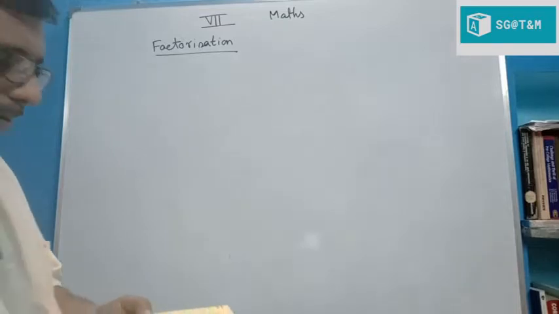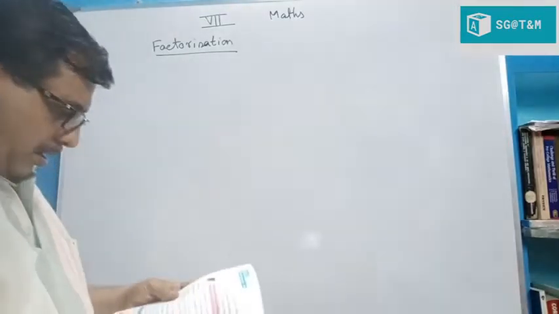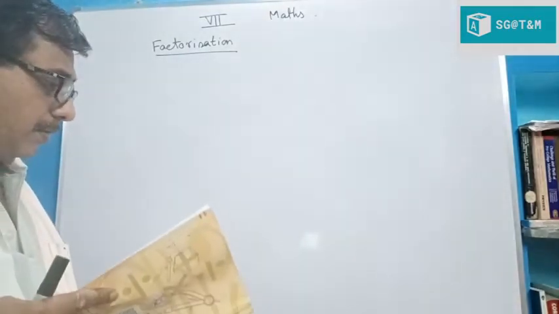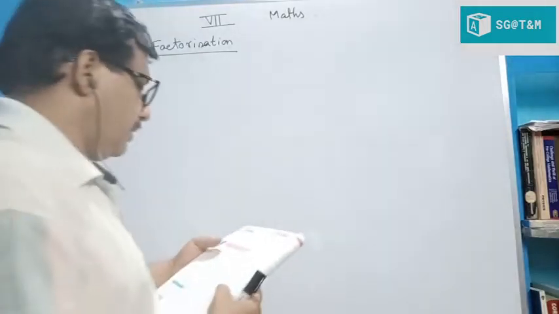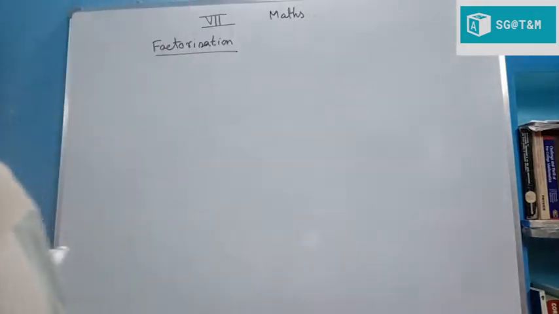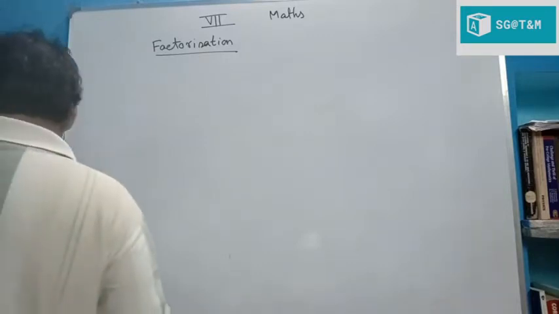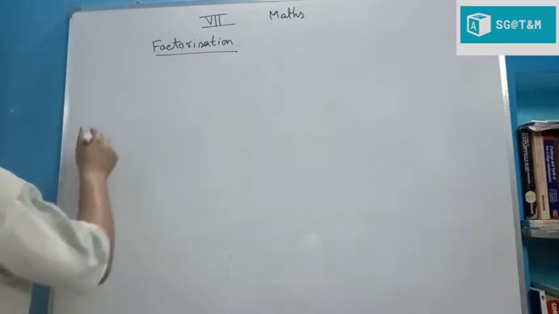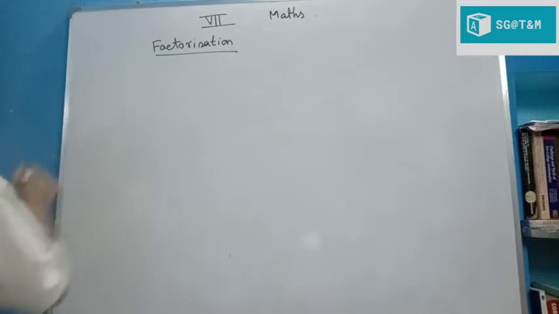So we start. Exercise 19.2 on page number 224. Let us factorize.